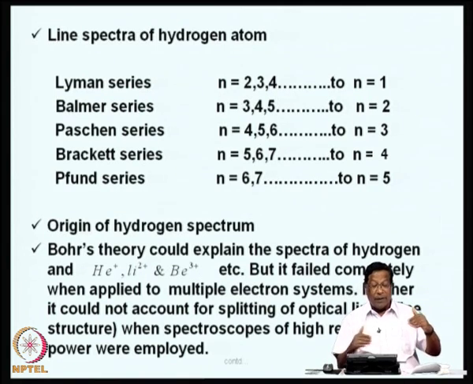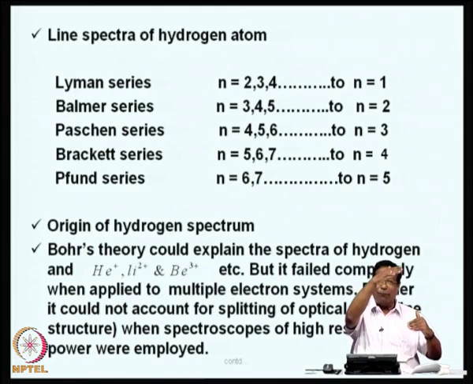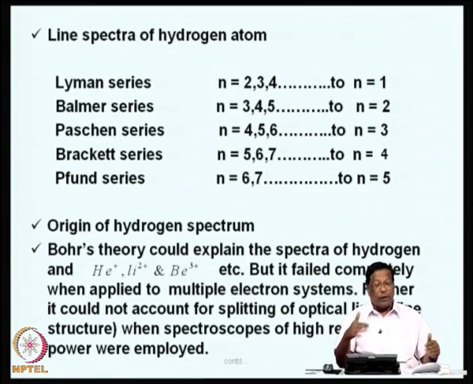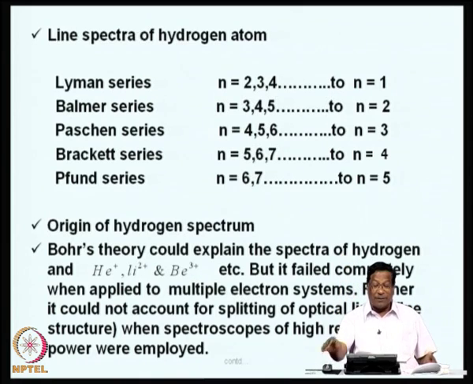Now, when the electron falls to state 2, it cannot fall from 1 to 2, but it can fall from 3 to 2, 4 to 2, 5 to 2, and all the changes that occur correspond to the electron falling to energy level 2 from higher levels.